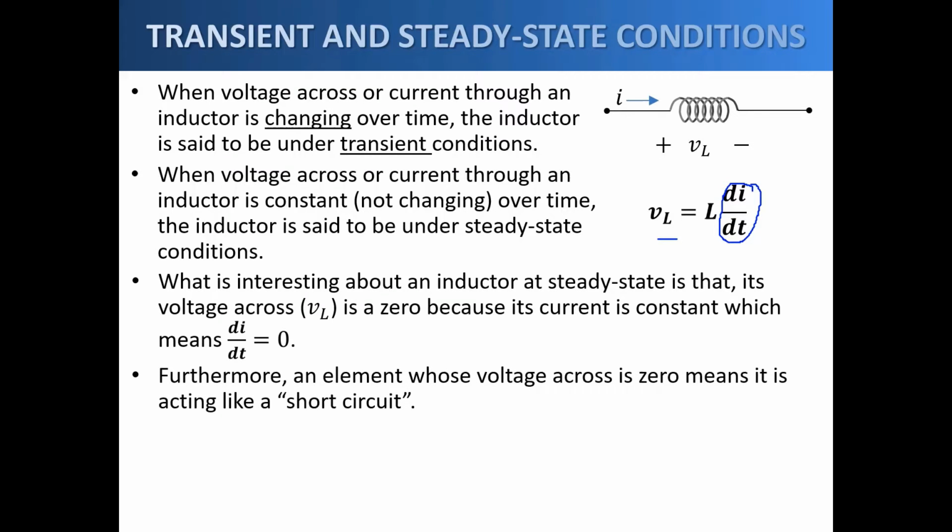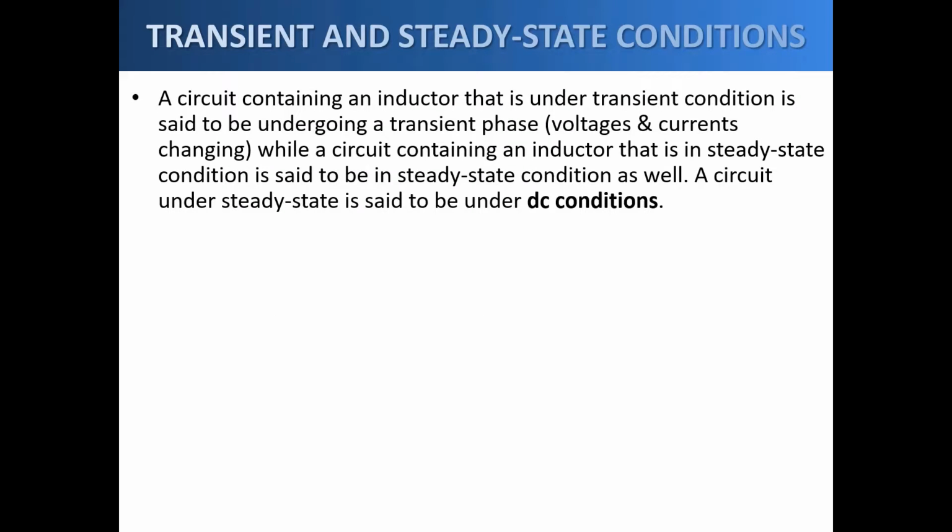Now we know that if an element has a zero voltage, that means that it is like a short circuit. A circuit containing an inductor that is under a transient state or undergoing changes is said to be in a transient state itself.